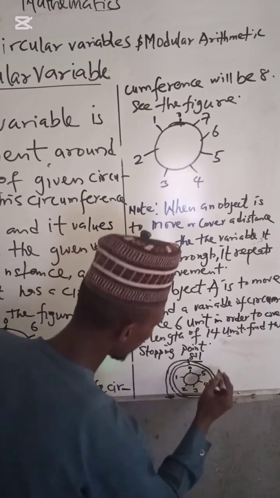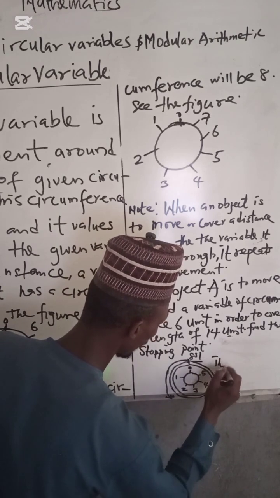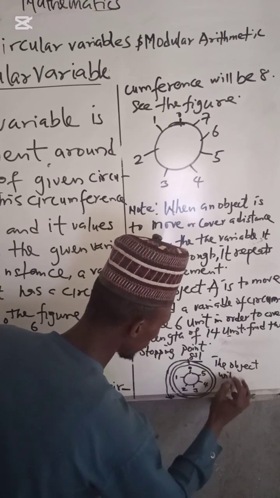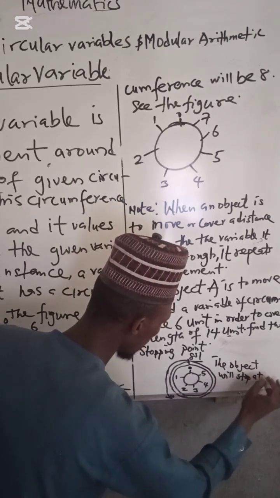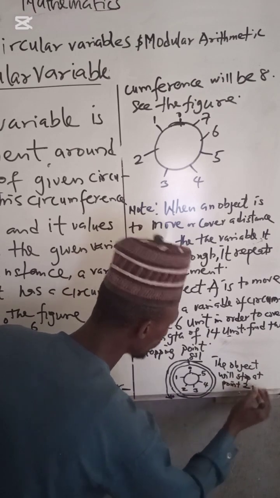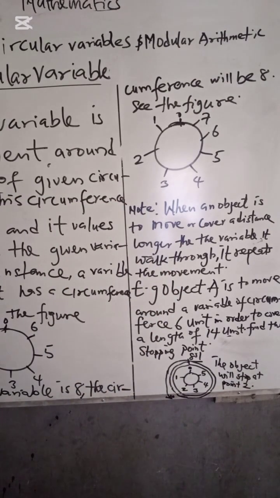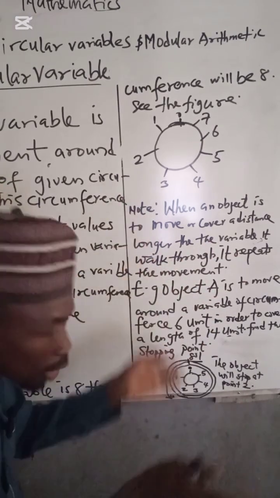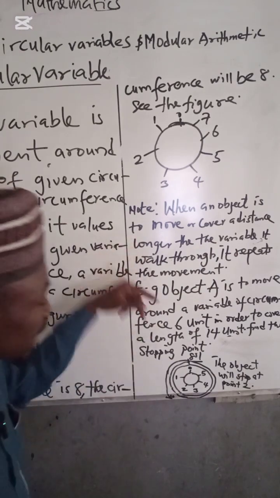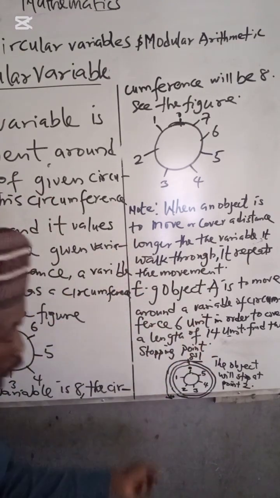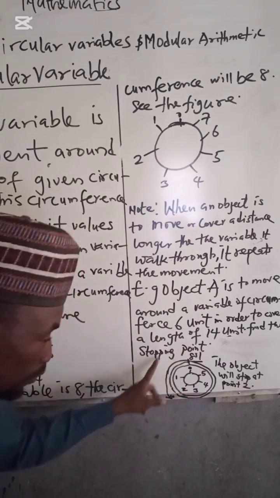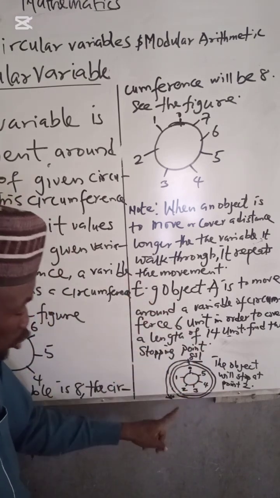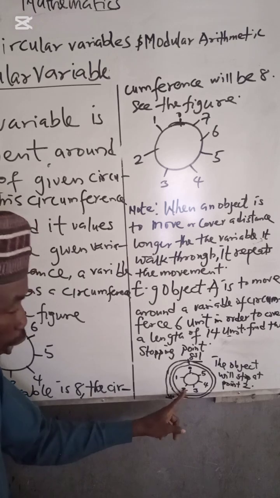So the object will stop at point 2. Can we see? This is how to move around an object in a circular form. Even if the length is longer than the variable you are moving around, you finish counting, and as you can see, we count to 14, and that 14 corresponds to point 2.